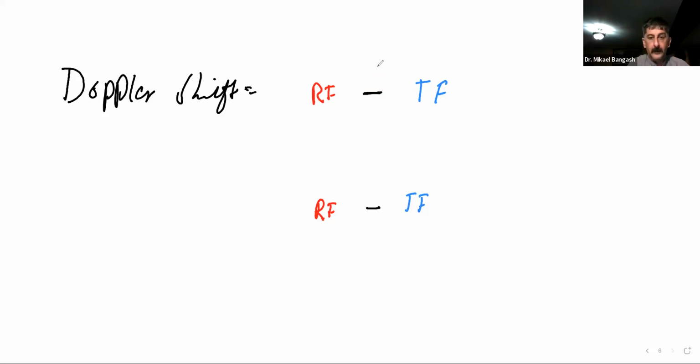Now what we can say here is, we start off with, let's say, a transmitter frequency of 3 megahertz. Is that clear? Where we have a reflector frequency of, let's say, 4.5 megahertz.